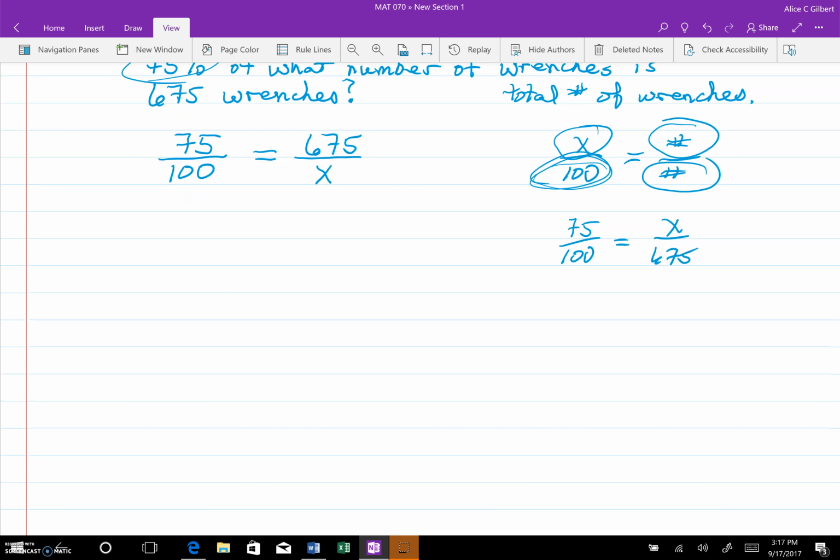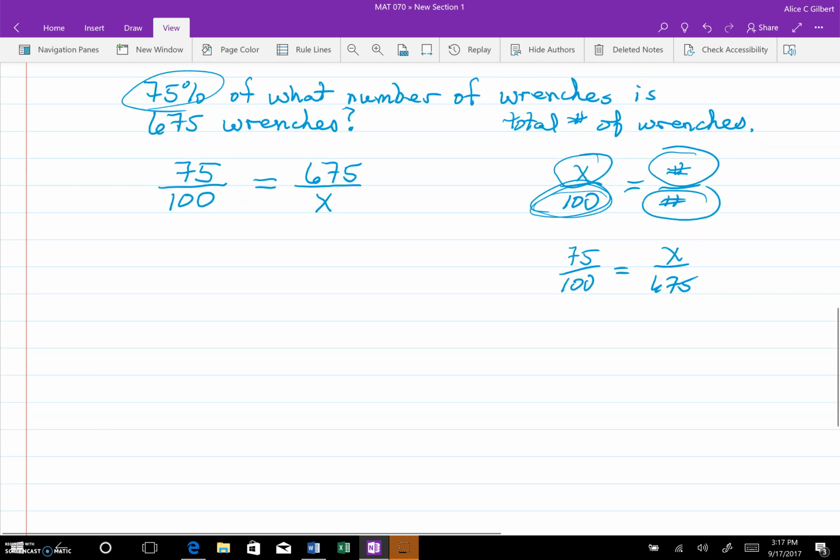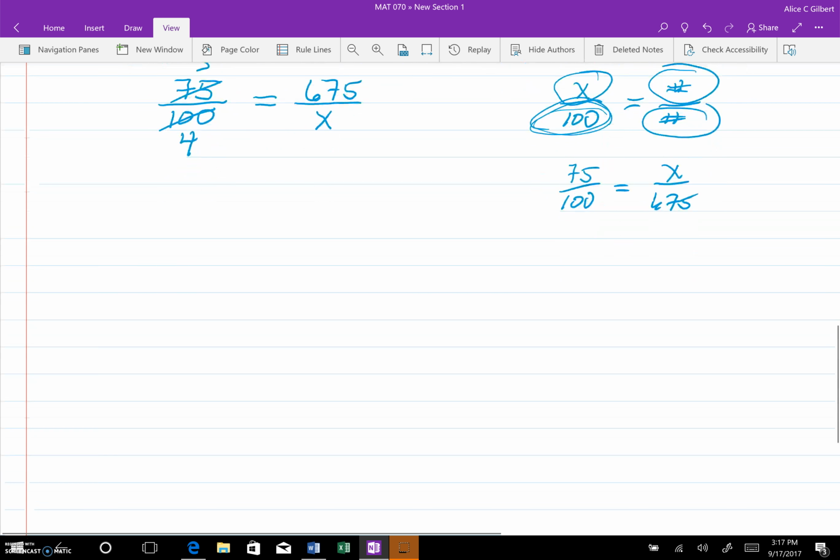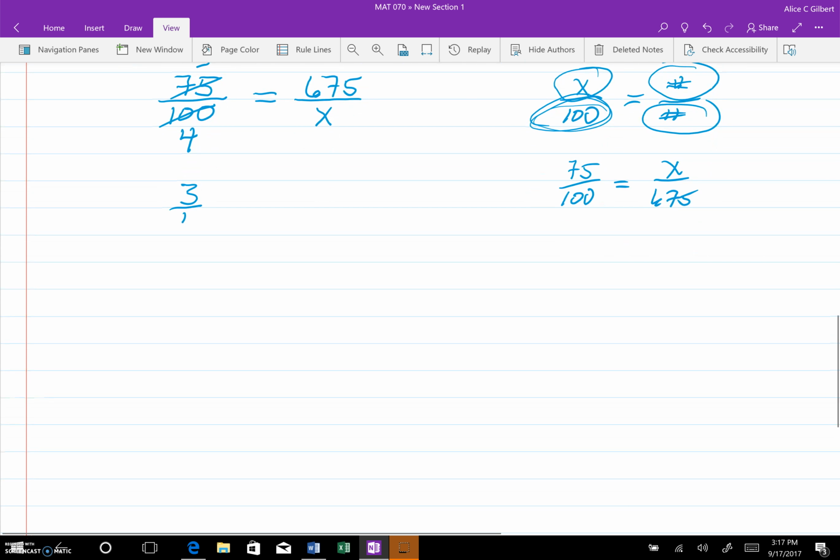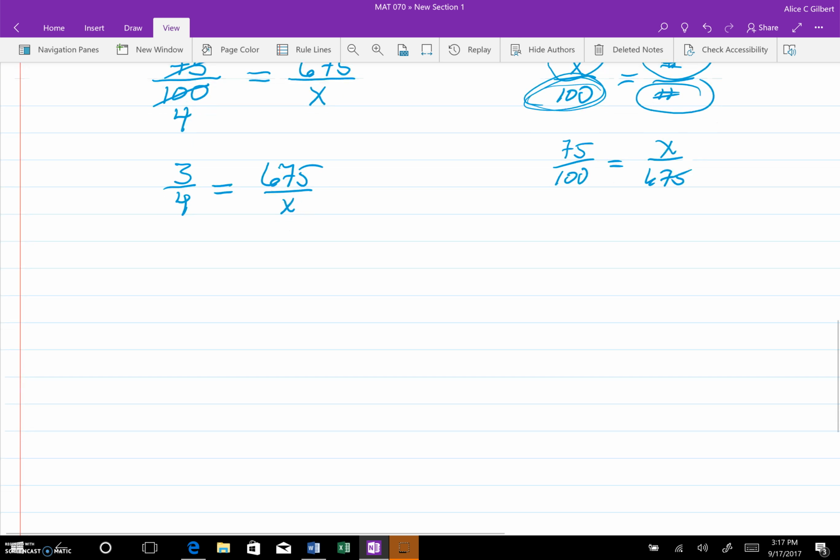And then we can find any one of those things that we don't know. Okay? So again, I'm going to start by reducing the 75 100ths. 25 can go into 75 3 times, and 25 goes into 100 4 times. So now I've got 3/4 equals 675 over X. Okay, so 3 times X is 3X, and 4 times 675, I don't know.